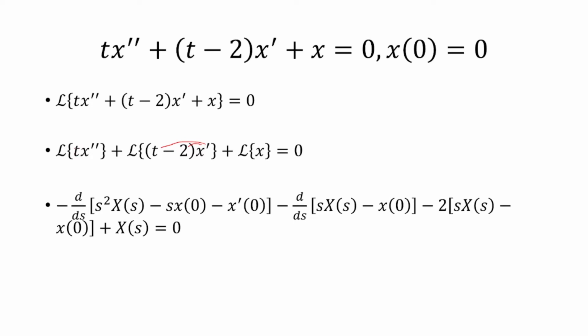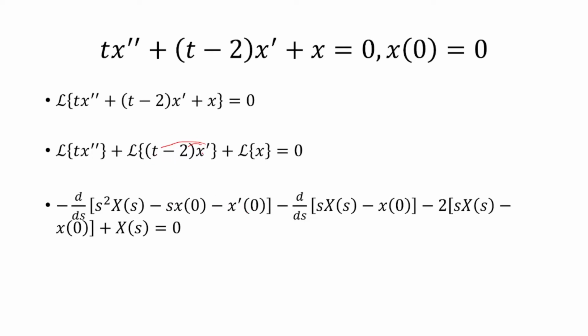First, let's focus on the Laplace transform of t times x double prime. That's just taking the negative derivative with respect to s of s squared times X(s) minus s times x(0) minus x prime(0).